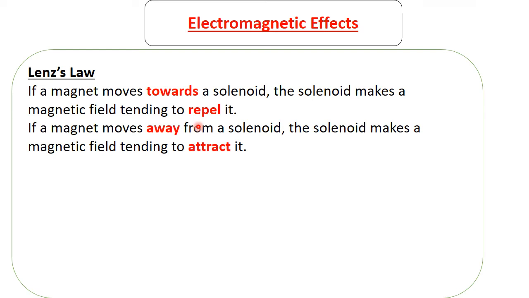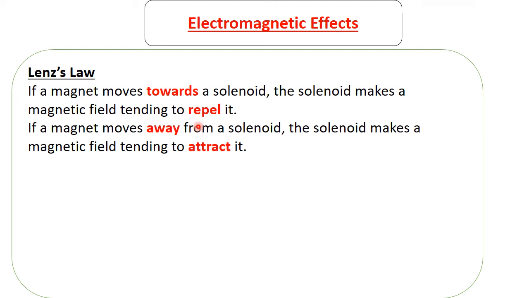Then the second observation is, if a magnet moves away from a solenoid, the solenoid makes a magnetic field tending to attract it. So if you are intentionally pushing the magnet away from the solenoid, it is going to make a magnetic field that is going to say, come close. So when you want to bring it close, it's going to say keep away.